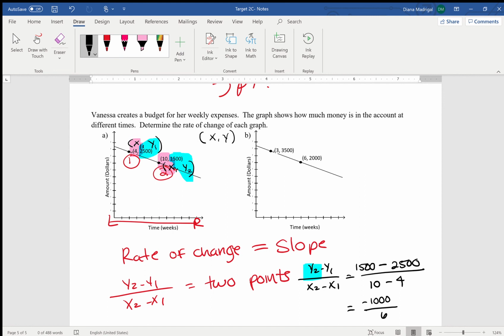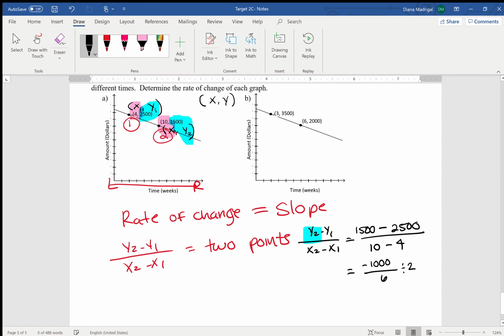Again, you could actually divide and simplify by 2. So then technically I have negative 500, and 6 divided by 2 gives me 3.